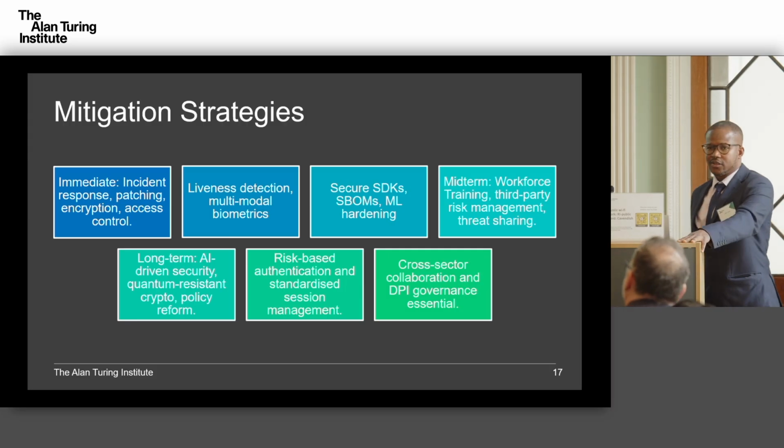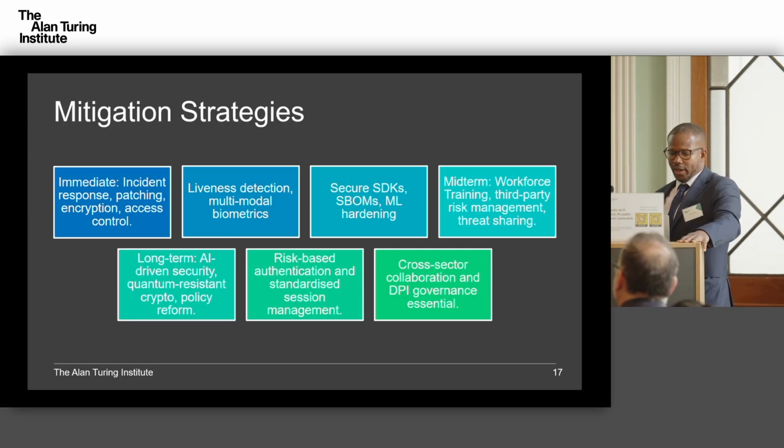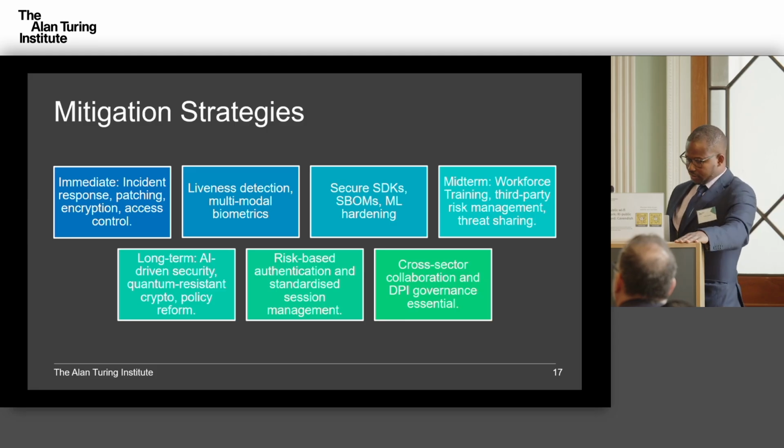So on the basis of all that we did, we then decided to propose solutions or strategies that could potentially be used to make MOSIP and other open source systems more robust and resilient.